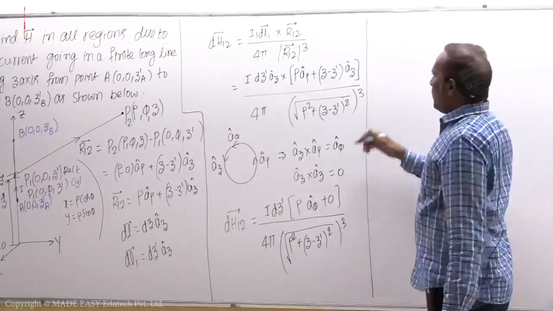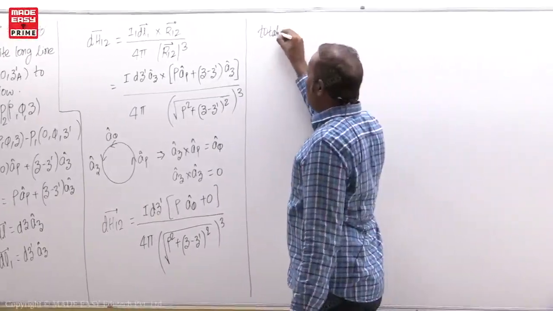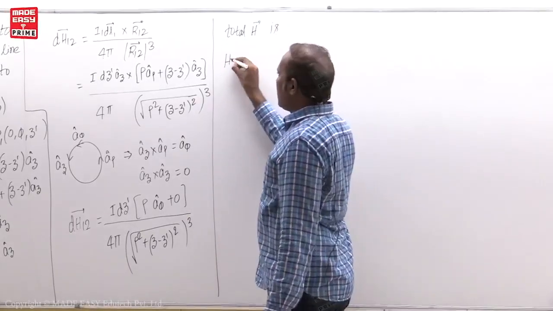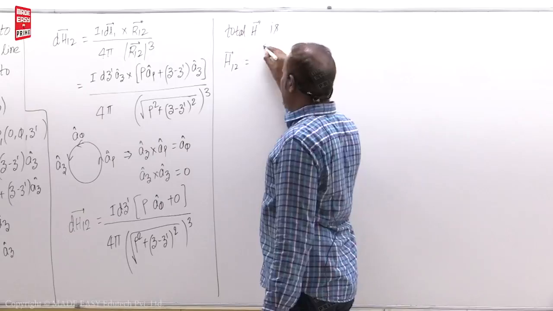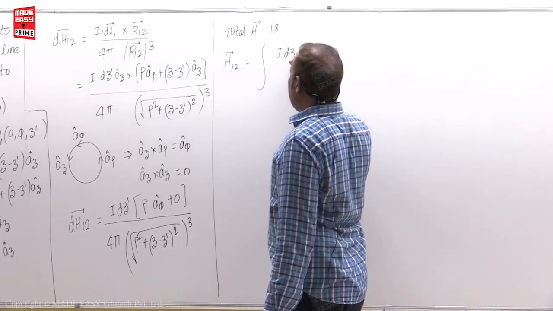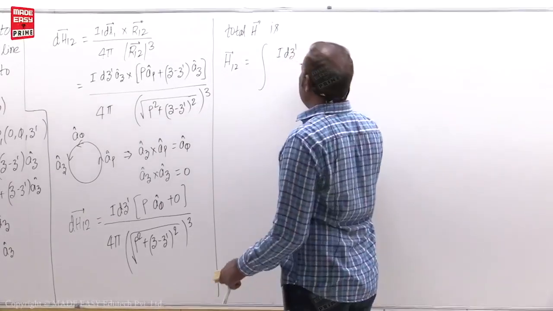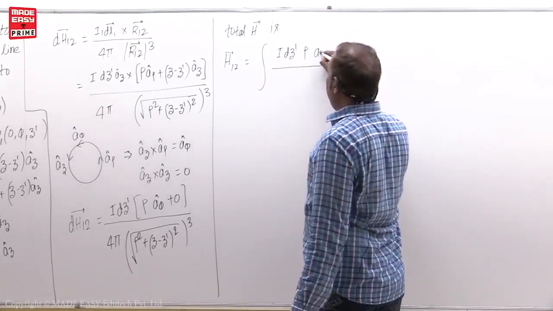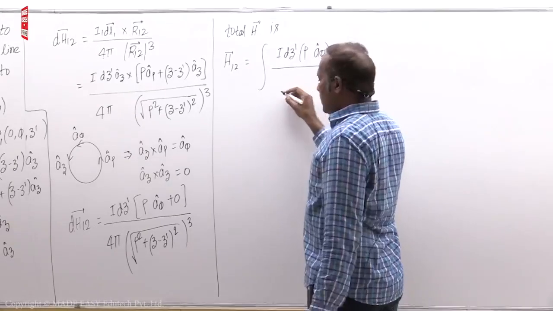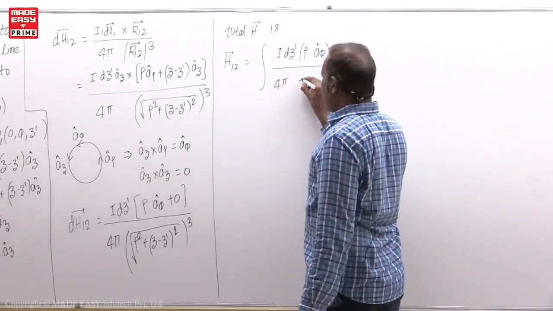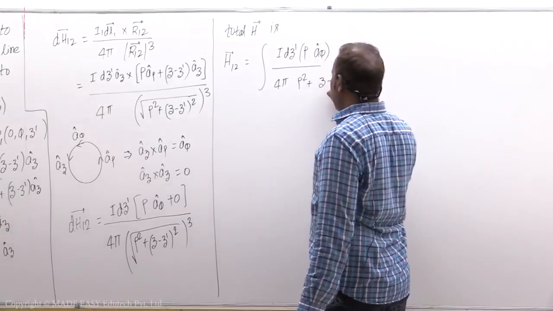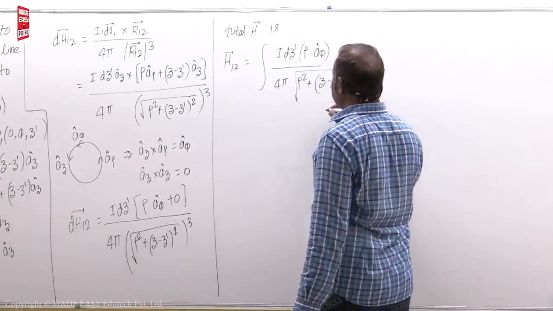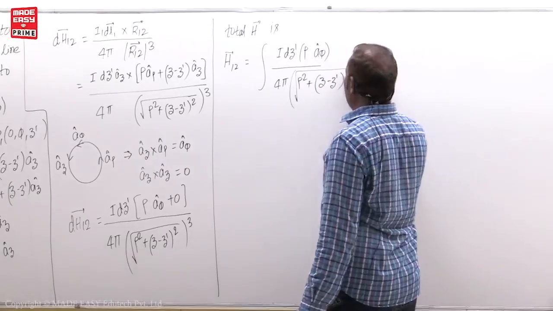What is total H bar? Total H bar is integration. So total H bar is the integration of I dz dash into rho a phi divided by 4 pi, rho square plus (z minus z dash) whole square, whole power three by two.